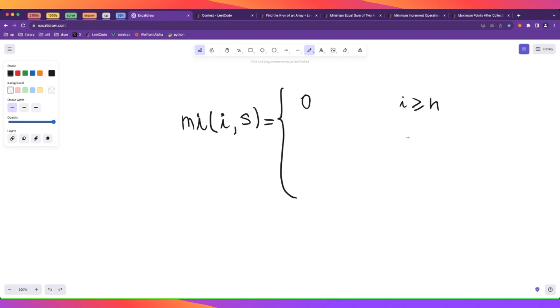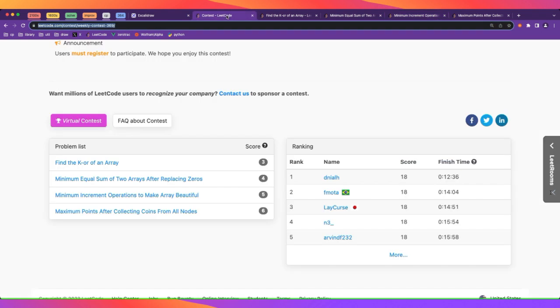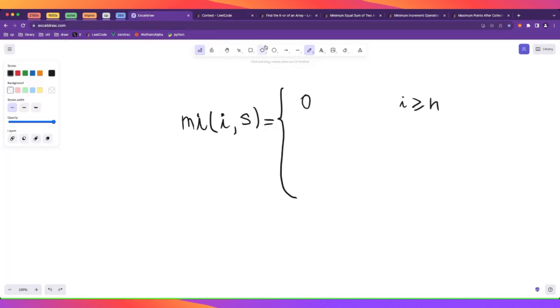Then, if the current position, nums of i, is greater than or equal to k, then we don't have the choice to increment it.